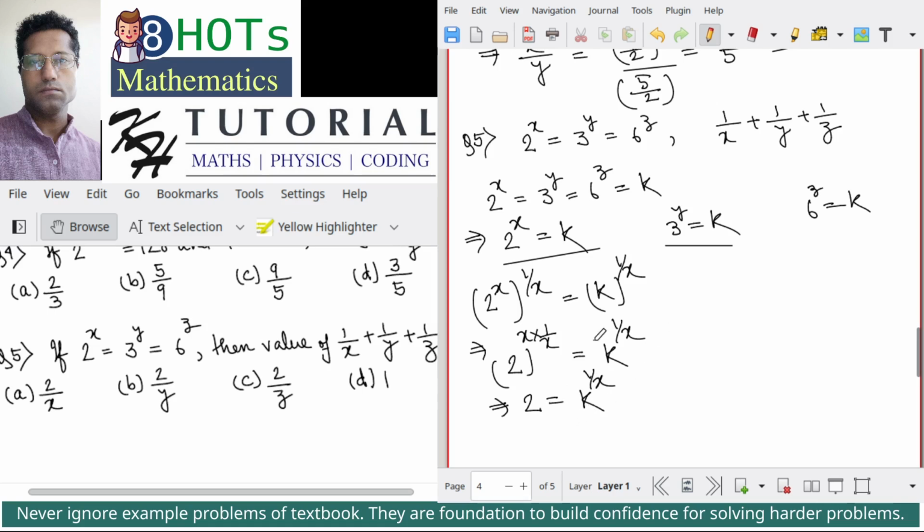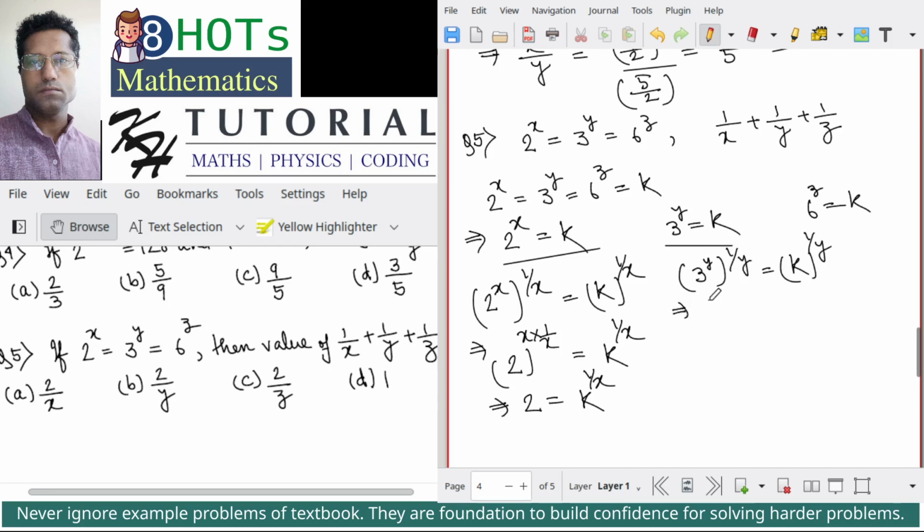Similarly, I will follow these same steps to eliminate y from the left hand side of the equation. 3 raised to the power y is equal to k. So I will take the power of 1 by y on both sides. That is, I have 3 raised to the power y raised to the power 1 by y, and k raised to the power 1 by y.